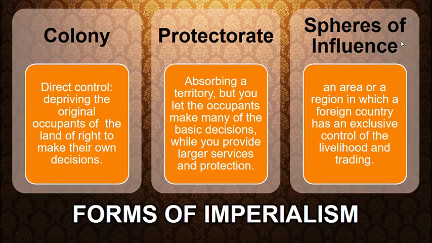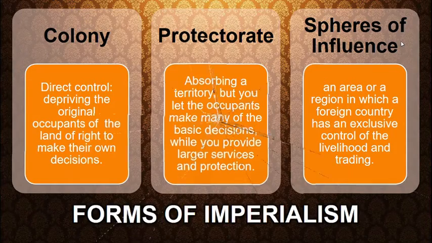Hinati-hati yung iba't ibang mga ports, daungan sa China para at least sila, ang mga European powers, ay magkaroon ng pagkakataong ma-occupy yung mga area na yung controlling the livelihood of that area. I hope may mga magdi-discuss nito, no? Or if not, you can encounter this one in your readings.